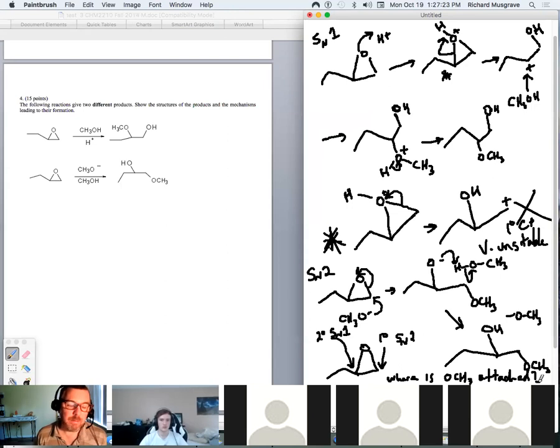And as I said, the questions on the tests are all very similar. The only thing that varies is the groupings that are attached on each side here. Usually you'll have a primary side and either a secondary or a tertiary side on the other side. So one side will be primary, one side will be tertiary. All right, does anybody have any questions?